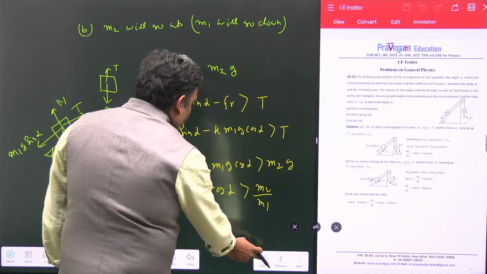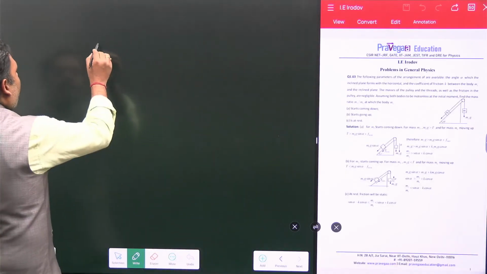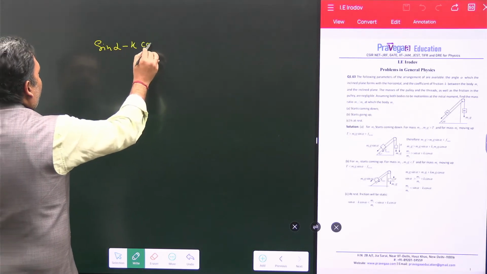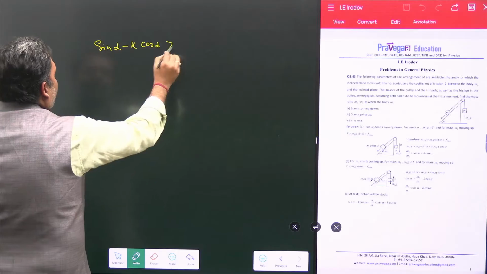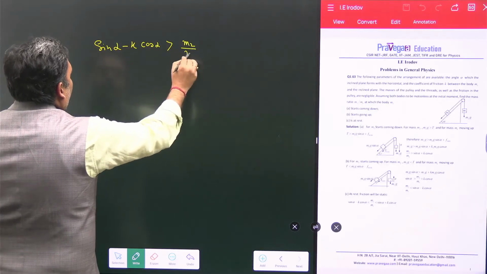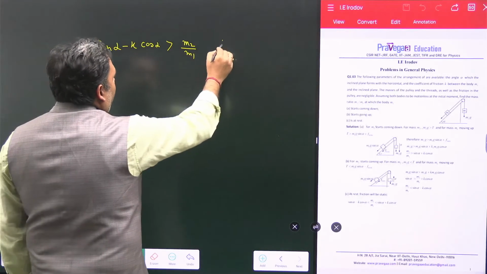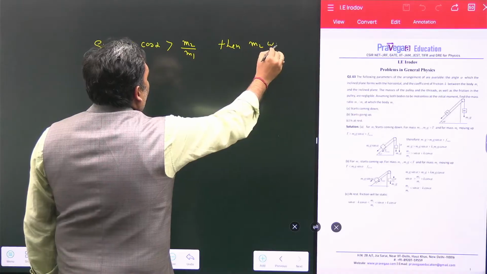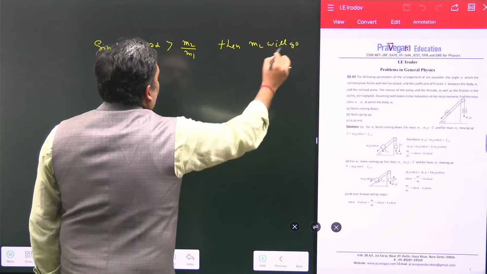So what we have, if sin alpha minus K cos alpha is greater than M2 by M1, then M2 will go upward.